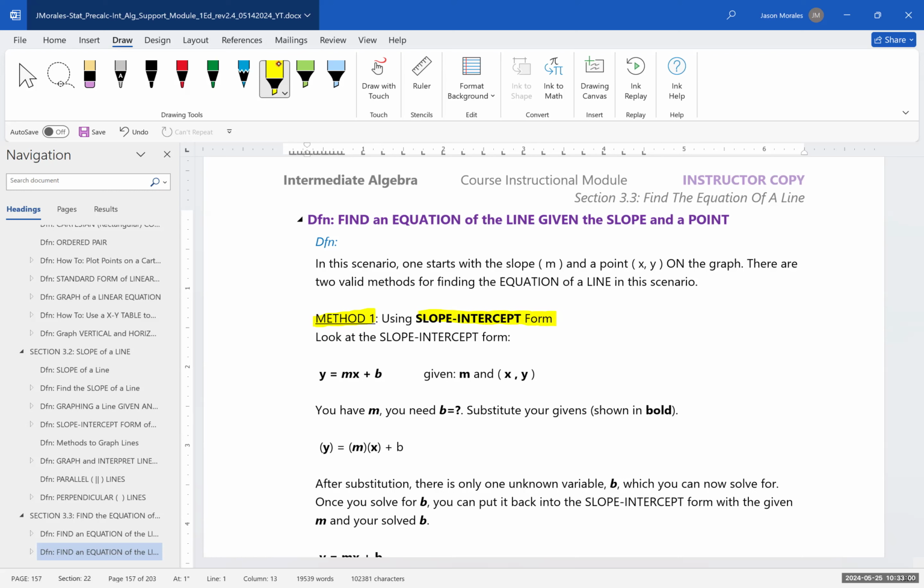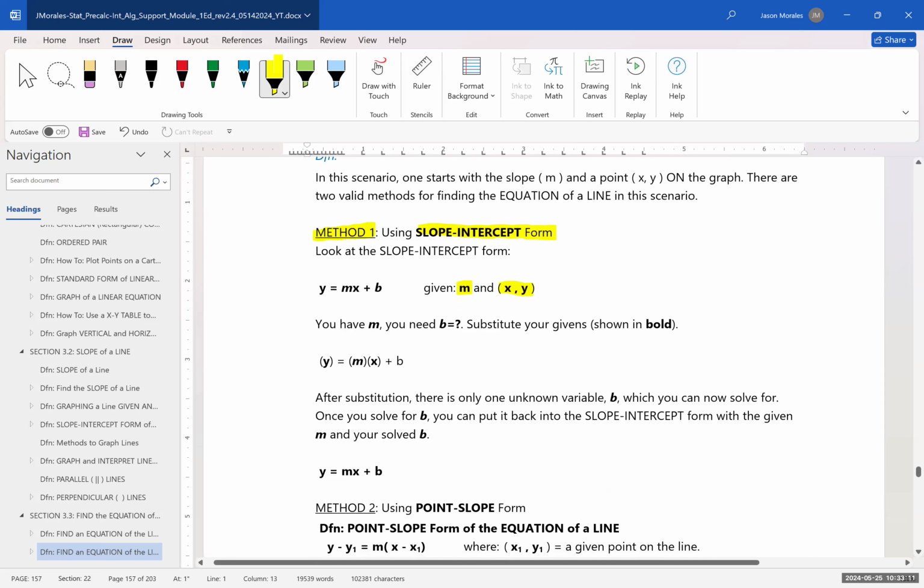When you look at the slope-intercept form, we've got y equals mx plus b, given the slope and given a point. When you look at what's given, you have the slope, but you're missing the y-intercept. So you substitute your givens into the slope-intercept form.